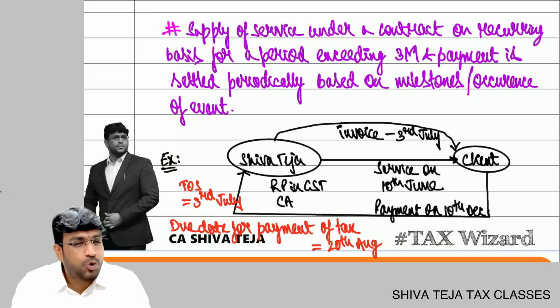So practically it is so common that in services, even without money coming, we are making payment to the government, because of time of supply rules.